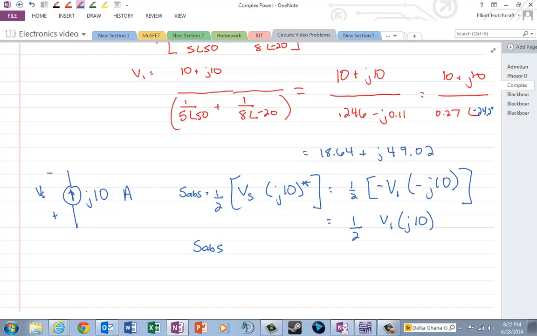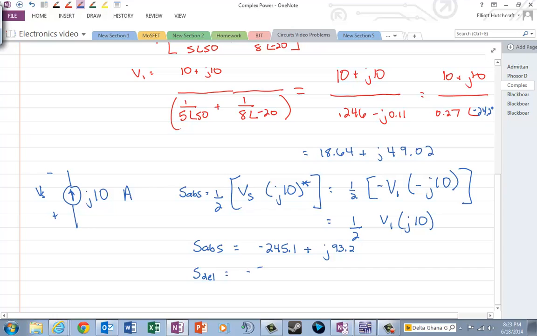So I get that my complex power absorbed is minus 245.1 plus J 93.2. The last thing I have to do is to say the complex power delivered is equal to minus the complex power absorbed, so that's equal to 245.1 minus J 93.2.